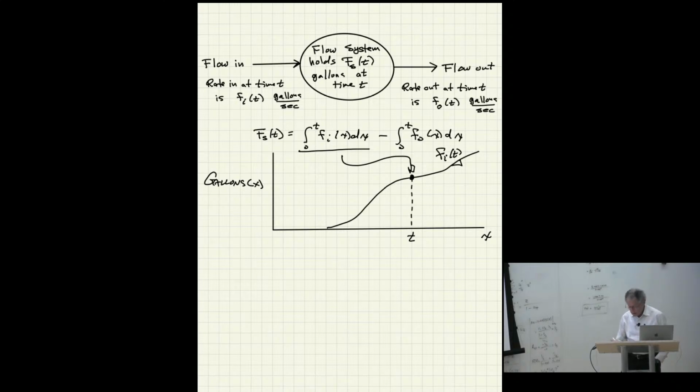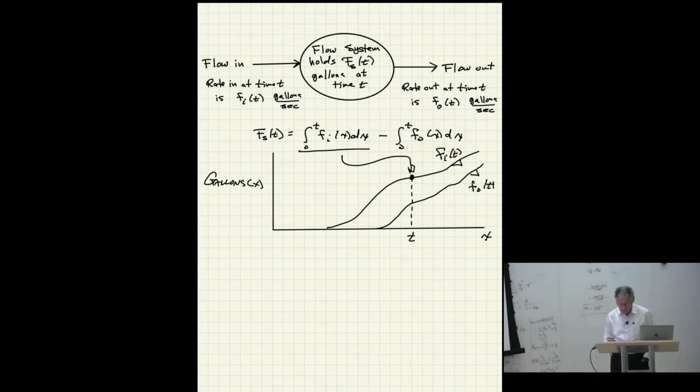Now I could also plot, say, the departure rate. The slope of this thing is f sub out of t, and the curve itself is simply this integral here.